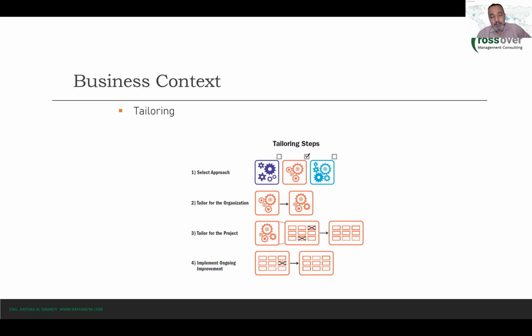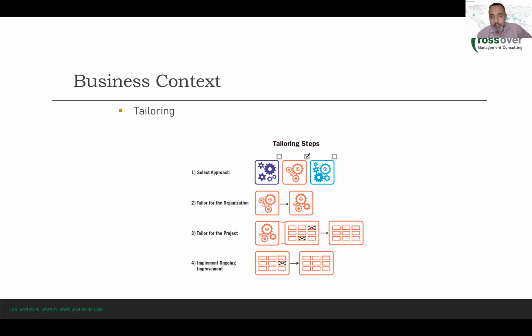And for that reason, we need to tailor our way of managing projects. We need to tailor our project management methodology and approach according to the proper life cycle, for instance, right? We explained a lot about the development approaches, the life cycle development approaches, right?